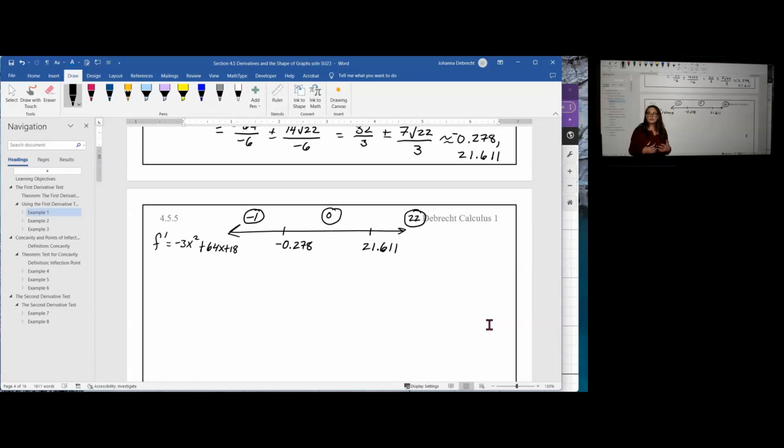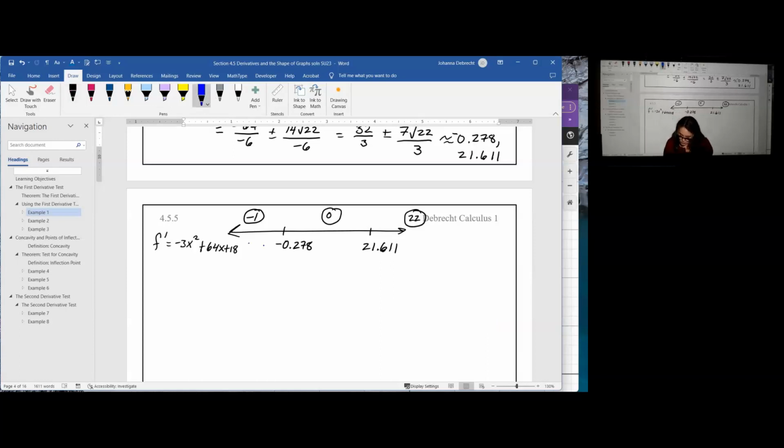We're not so interested in the actual value. We want the sign of the derivative. When I substitute in negative 1, it squares to become positive. So I get negative 3 minus 64 plus 18. It's very definitely negative in this region.